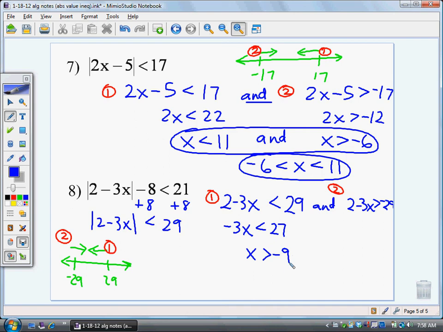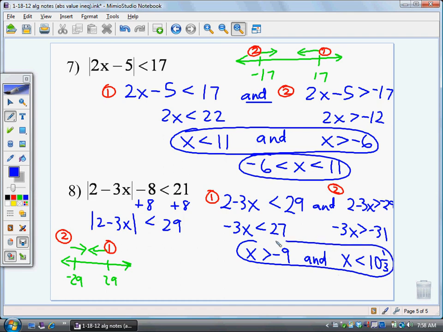And now on this one, you subtract your 2, you get negative 3x is greater than negative 31. And when you divide by negative 3, switch the inequality, and you get x less than 10 and 1/3. Again, we have our connector "and". And if you put it all together as one, you have negative 9 less than x less than 10 and 1/3.